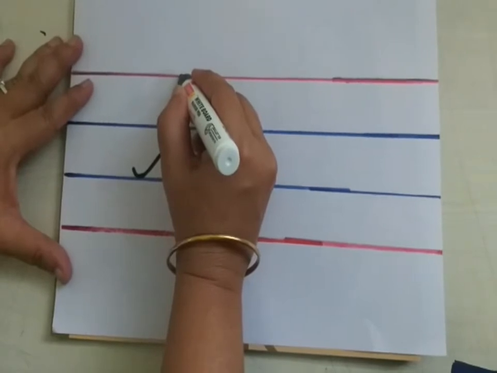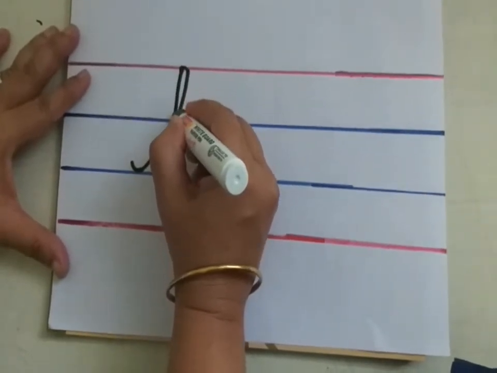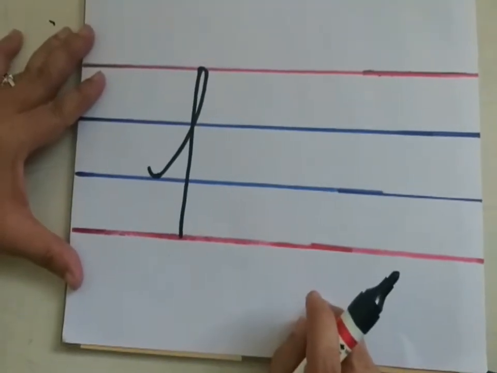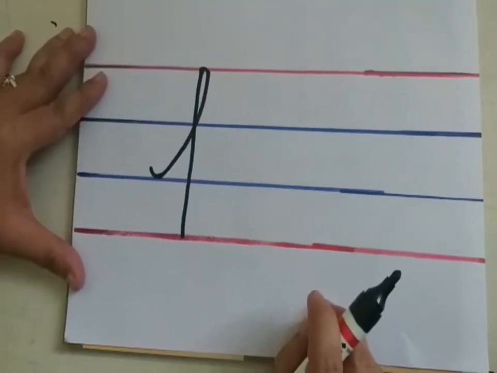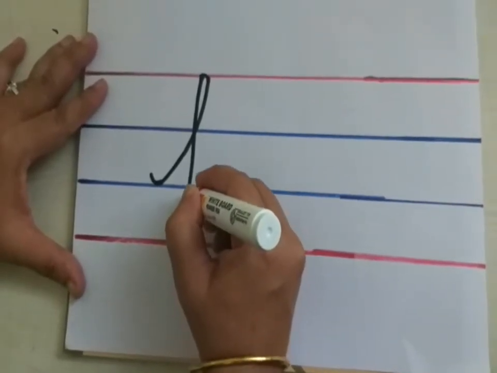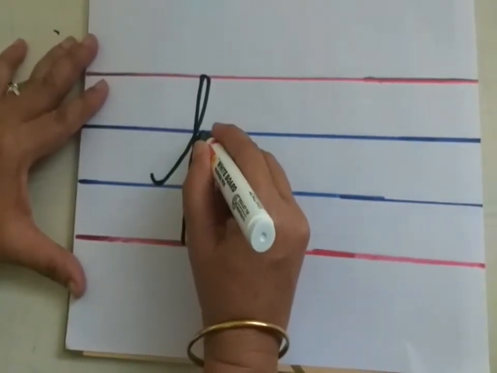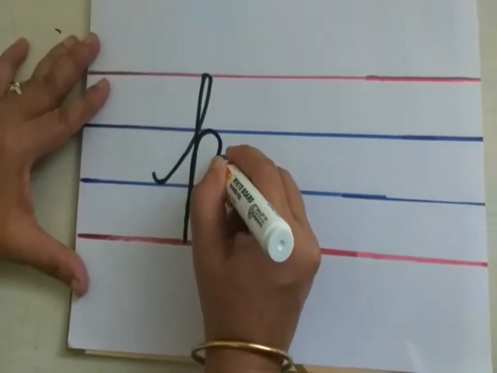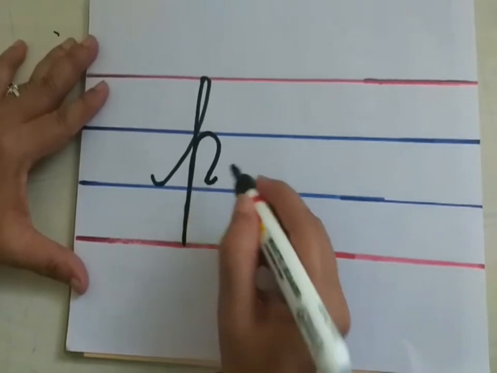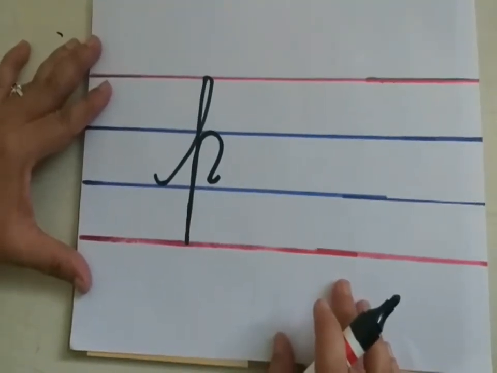Come down to the fourth red line, children. Now again go up to the second blue line, children. Now make a half curve like that, children, and make a small curve. This is small cursive P.